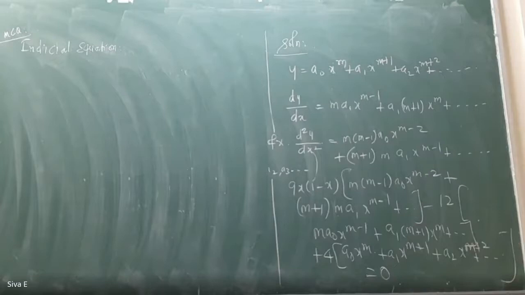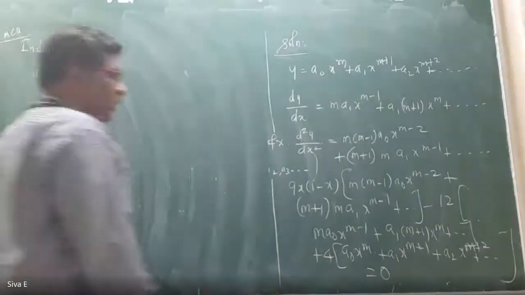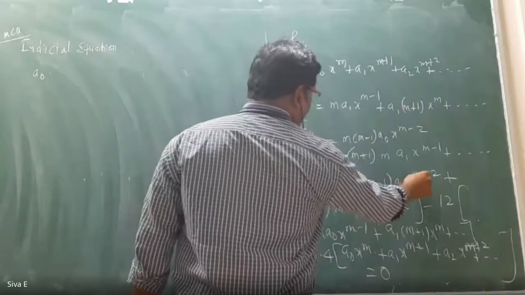So here the lowest power of x is x power m minus 1. Equating to 0 gives: what is the x power m minus 1 coefficient here?